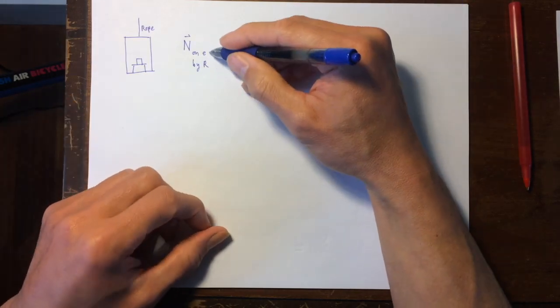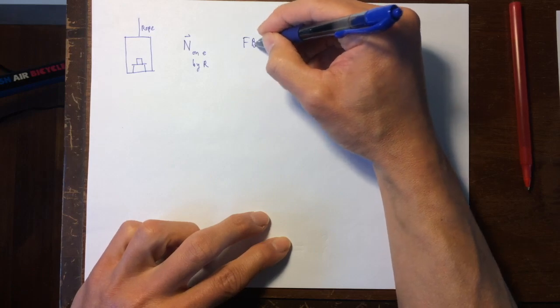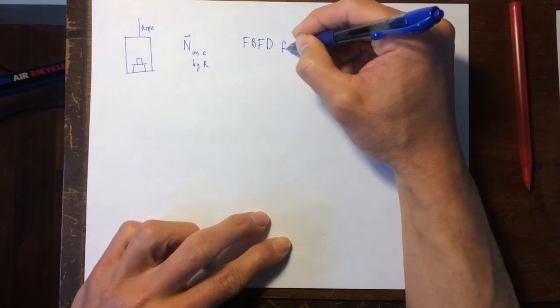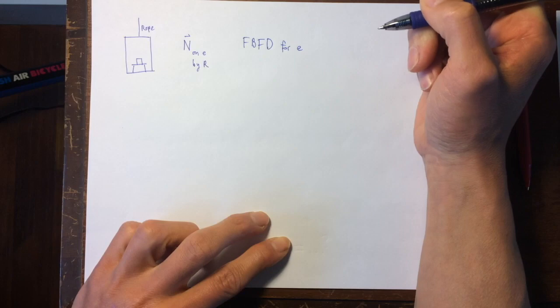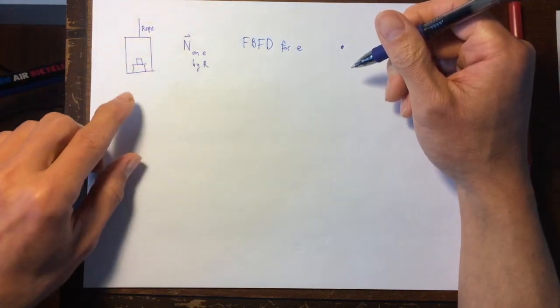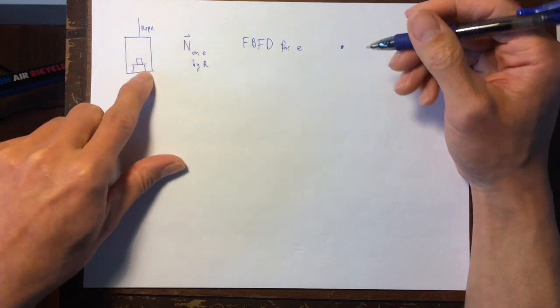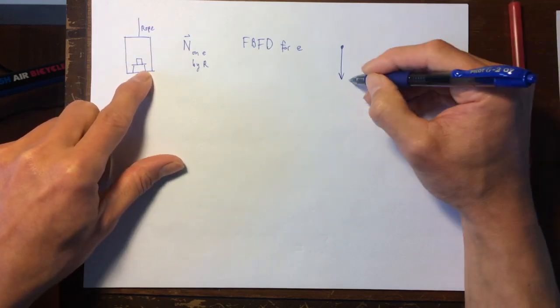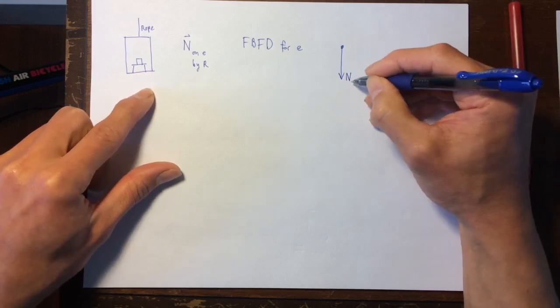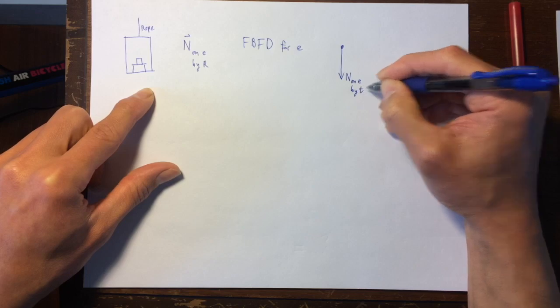So if you wanted to do this, you could go and draw the free body force diagram for the elevator. So on the elevator, there's actually a couple of forces, right? So the elevator is directly in contact with the table. So this is the normal force on the elevator by the table.